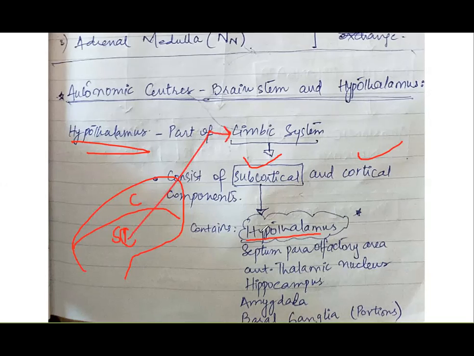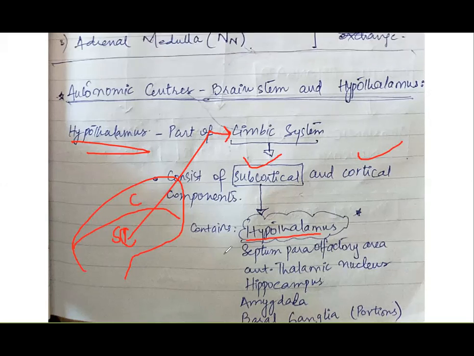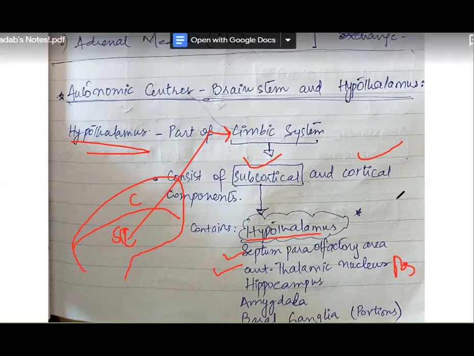The hypothalamus is a part of the subcortex, and it contains the septum, para-olfactory area, anterior thalamic nuclei, posterior thalamic nuclei. There are certain nuclei which we just saw, like supraoptic, paraventricular, the nuclei for thirst and temperature, and the nuclei for parasympathetic and sympathetic control.